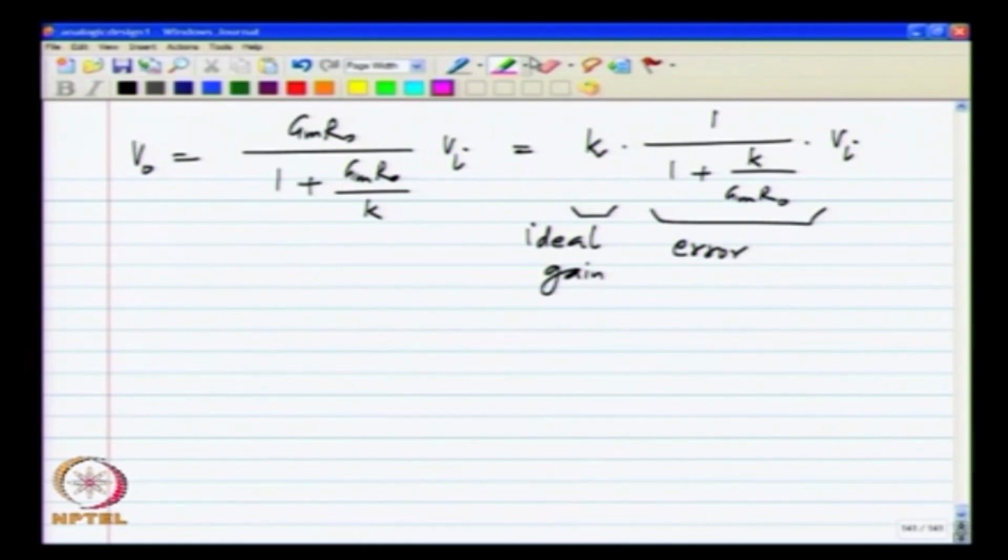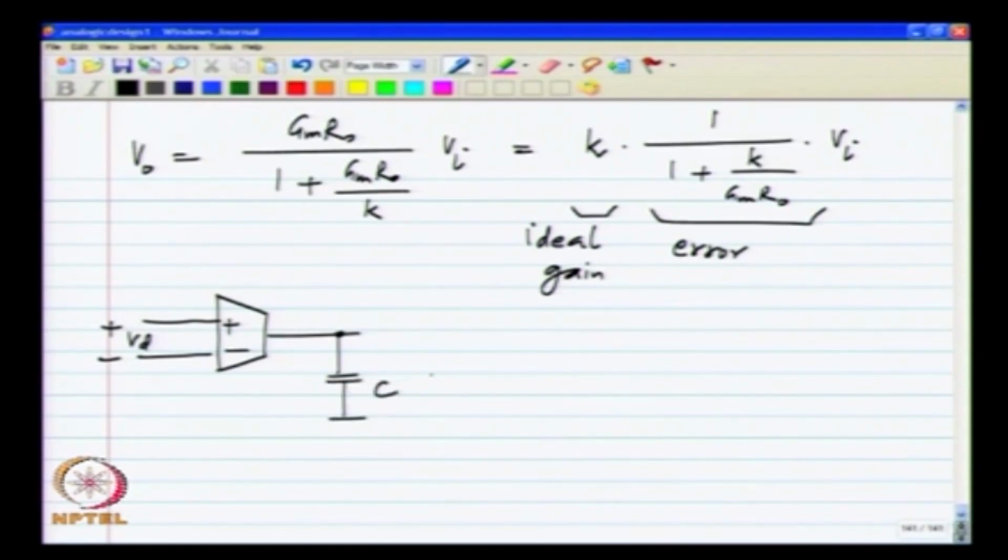So, we can analyze this a little more and interpret what it means. First, let us look at the transfer function of the op amp in this case. Ideally we wanted the op amp to be like this, without any output resistance in the transconductor, and the transfer function of the op amp was Gm by sC, and Gm by C is the unity gain frequency omega u.